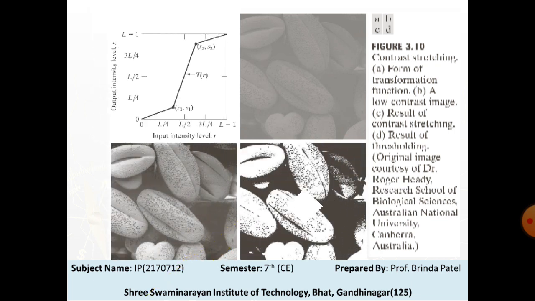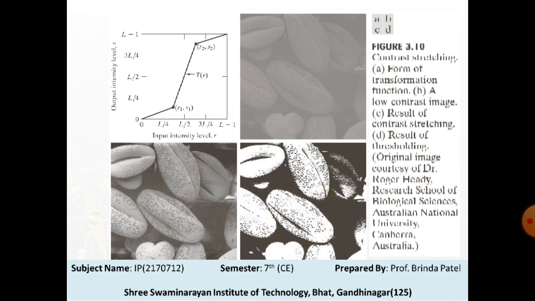So if R1 equals R2, and S1 equals 0 and S2 equals L minus 1, then the transformation becomes a thresholding function that creates a binary image. So we can see that in figure B.